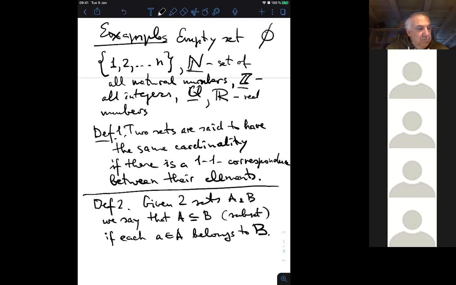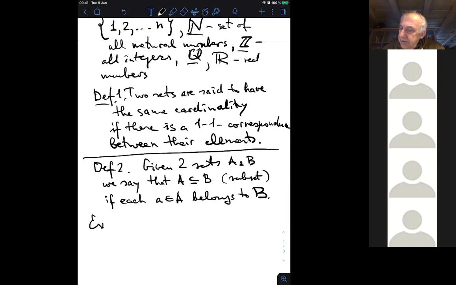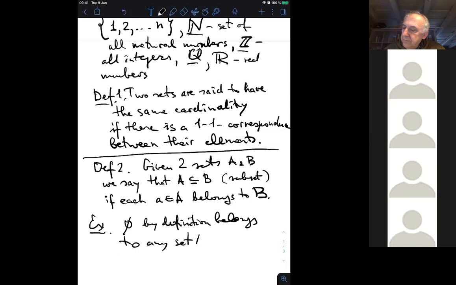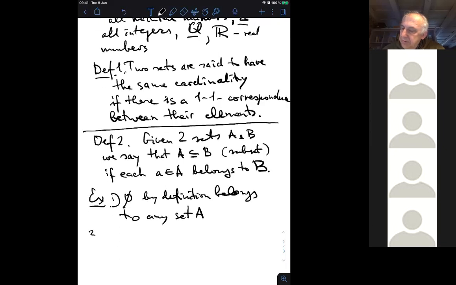Okay, some trivial examples. An empty set, by definition, is a subset of any set. That's kind of a matter of agreement.